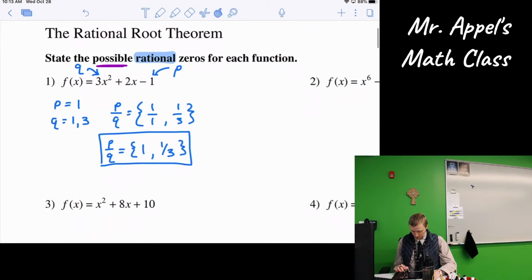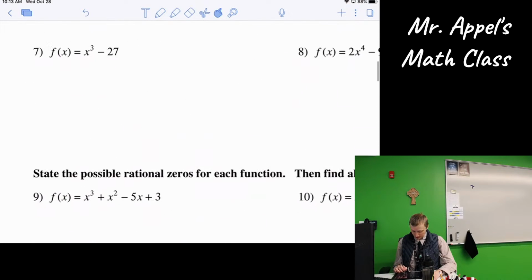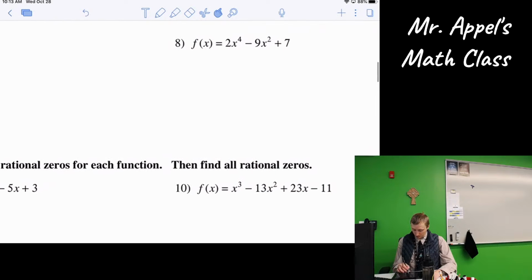Later on, when you get down here, you want to then find all rational zeros. So now you have to test. Say, here's the list of possibilities. I need to check each one.